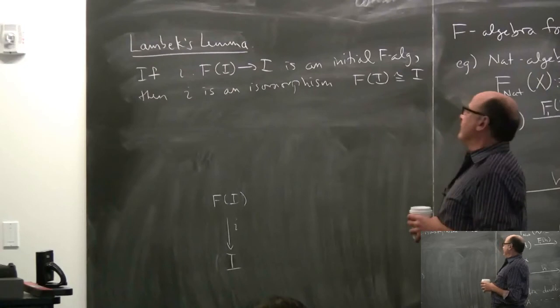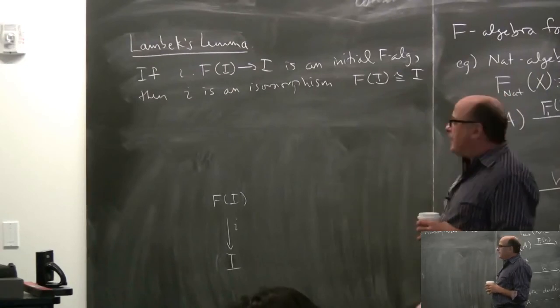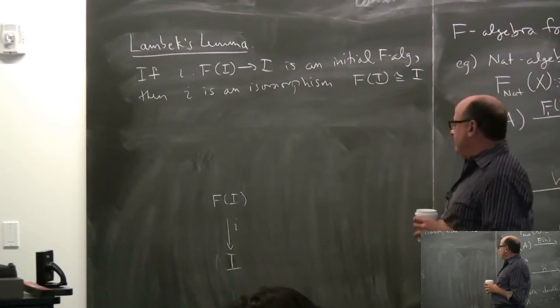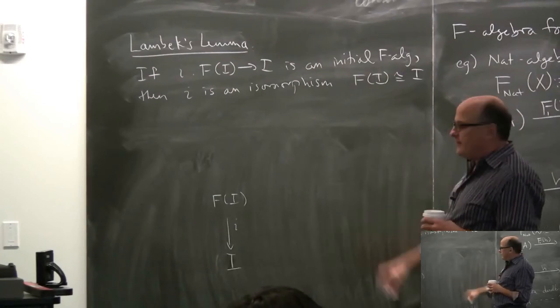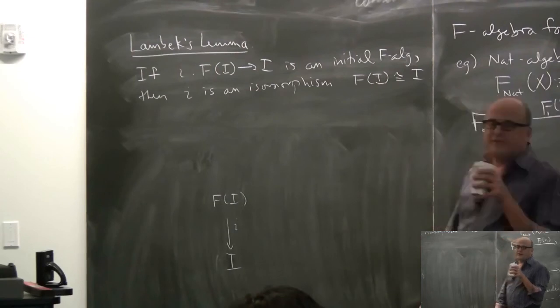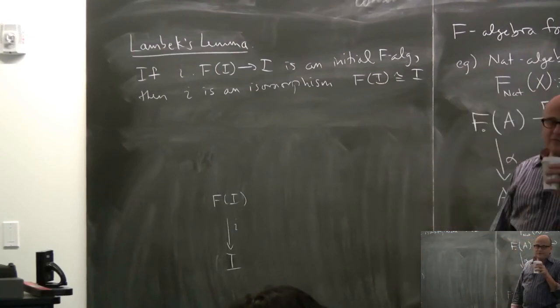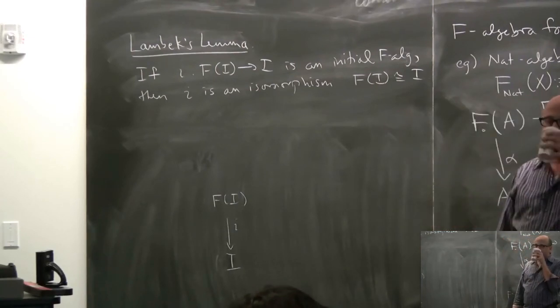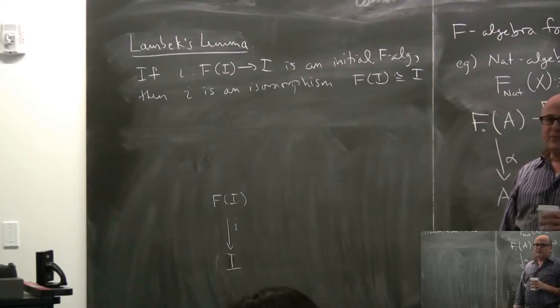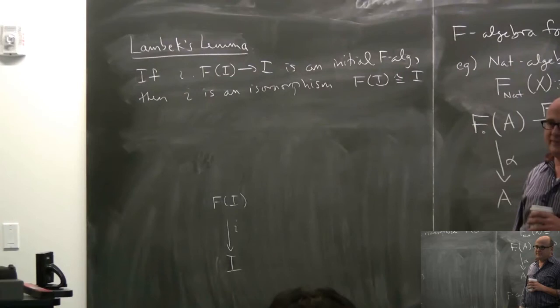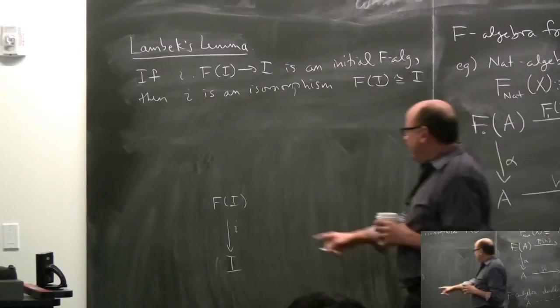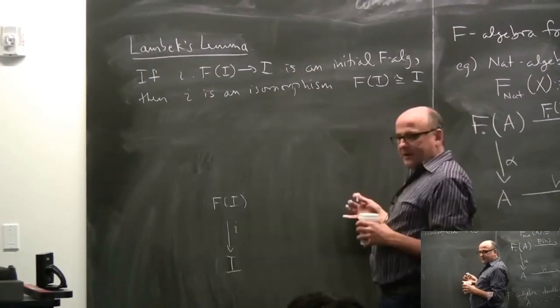So just by knowing that, I can name another F algebra. Can you tell me what it might be? Based only on what I've got on the board, what other F algebra exists? You don't know anything about F, apart from the fact that it's a functor. So you should be able to generate for me another F algebra. What is it? Someone? F of I. F of I. Right, because functors preserve maps.